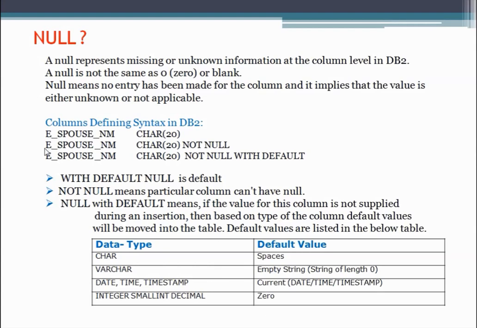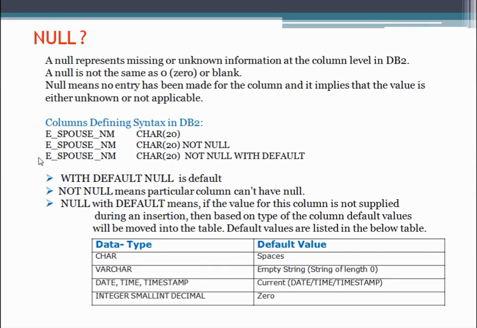And if you have defined the employee spouse name column using this syntax and you try skipping this column value while inserting into the employee table, then it will not allow you to insert as this column is defined with NOT NULL. It means this column cannot have null as a value.